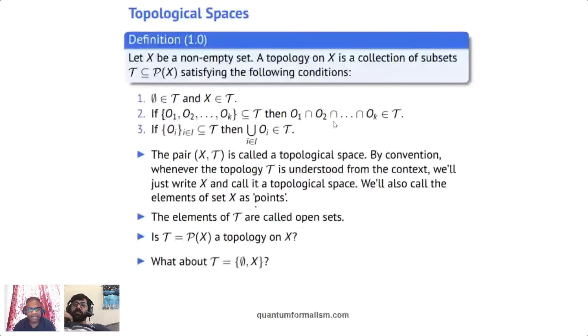The third condition is that if you have a collection indexed by an arbitrary set I, which could be an infinite set, even countable or uncountable, then the union of all the elements of this indexed collection of subsets in T has to lie in T also. If it satisfies these three conditions, then T is called a topology on X, and the pair X together with T is called a topological space.